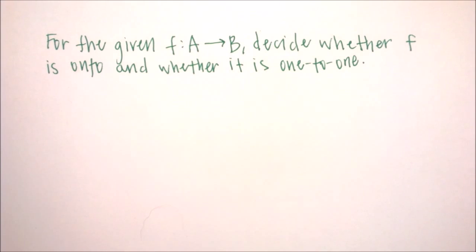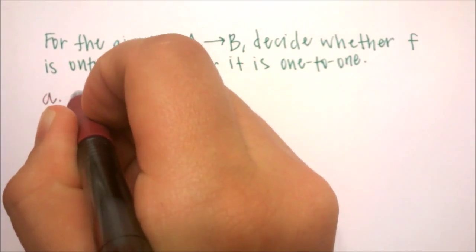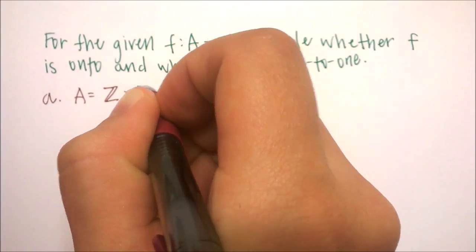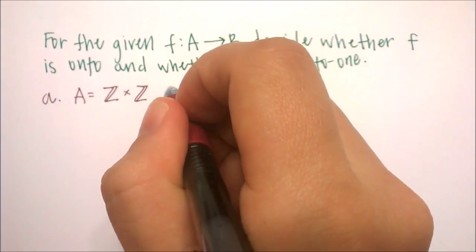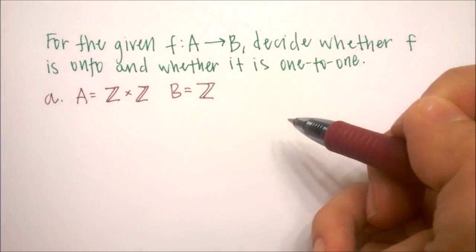Okay, so for the given f, which takes an element from A and returns an element from B, decide whether f is onto and whether f is 1 to 1. So for our first example, we're going to look at A equals the ordered pair of integers, and B equals the set of all integers.